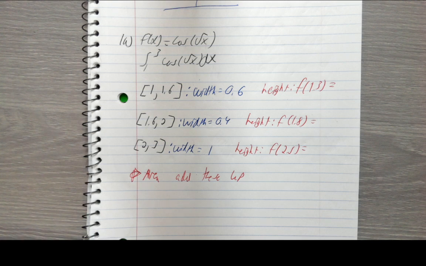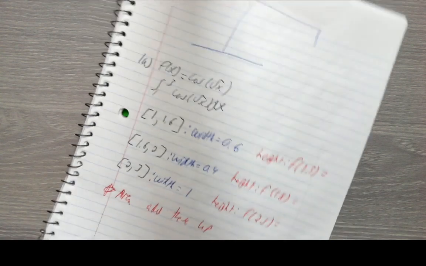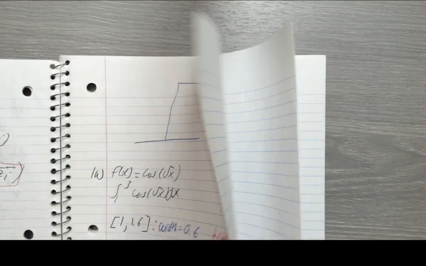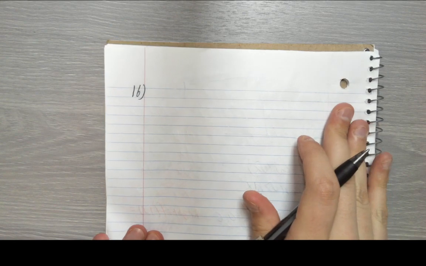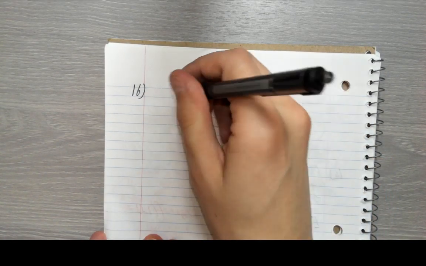All right, perfect. So Jonah, let's translate this then to 1b. Let me go back to here. Okay, so 1b, the exact same question, meaning that our intervals are the exact same.